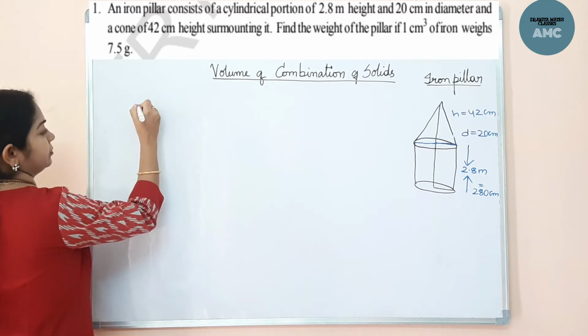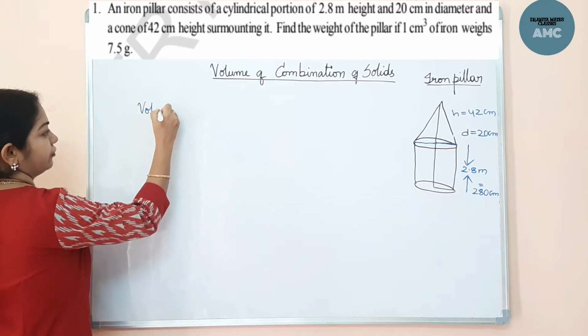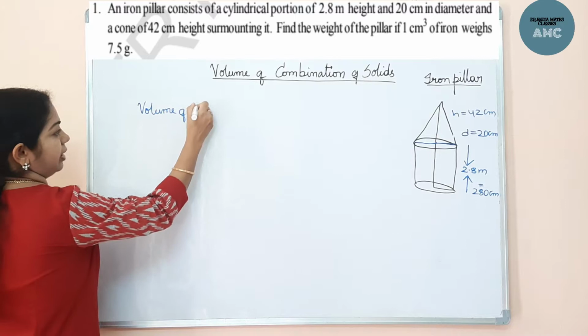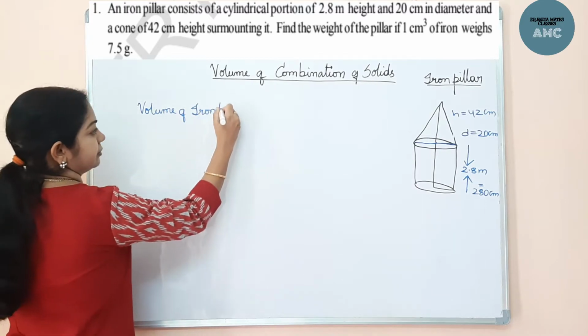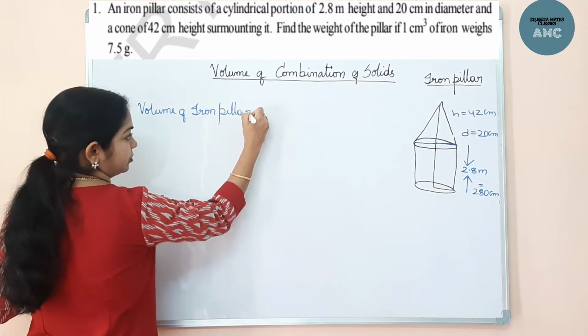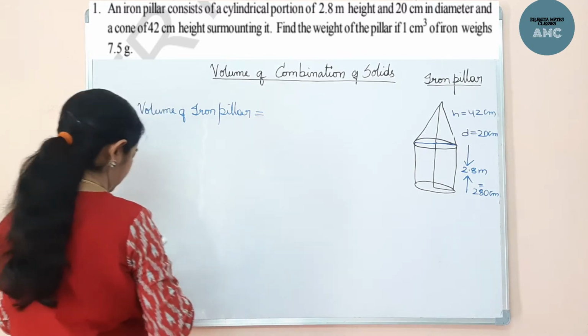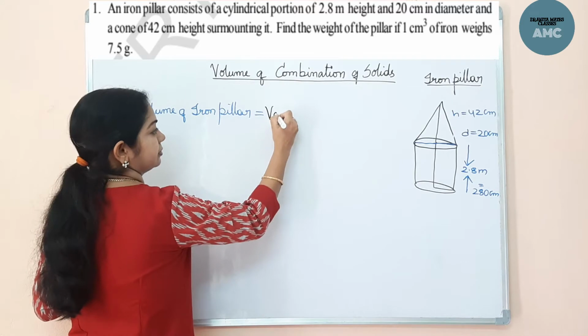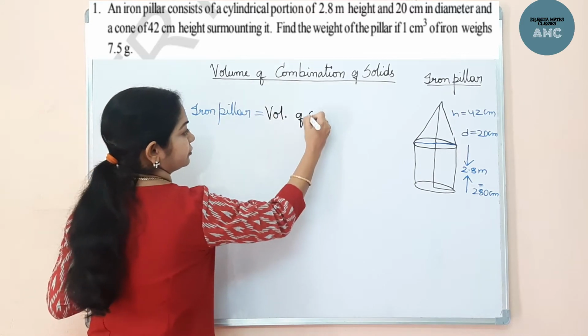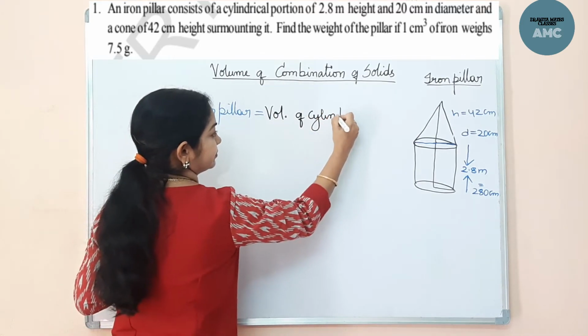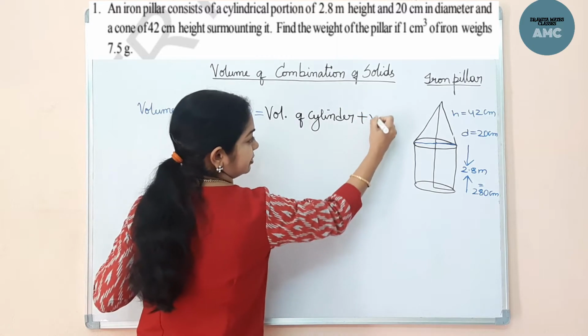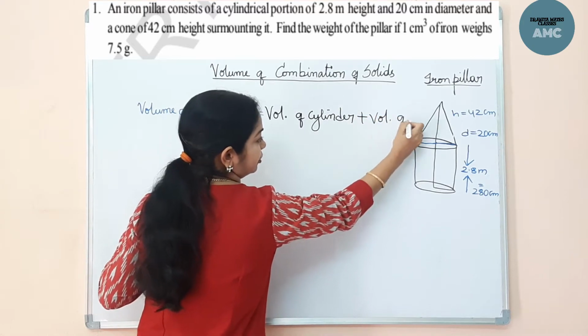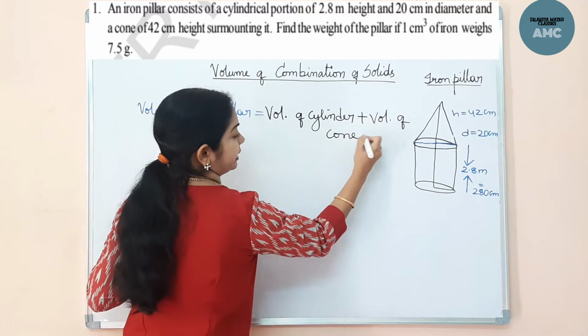Now here, volume of iron pillar is equal to volume of cylinder plus the volume of the conical part.